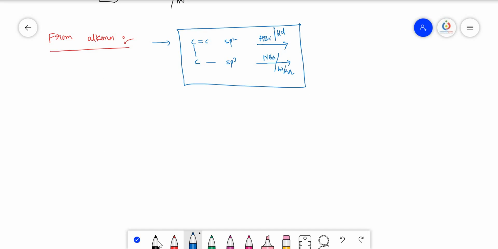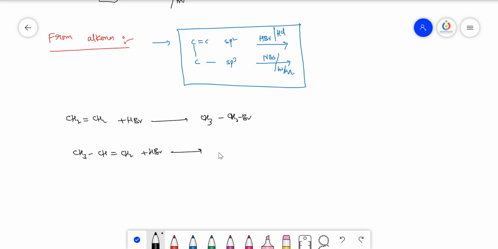So remaining are just examples of what we are going to cover over here. You take CH2 double bond CH2 plus HBr, it gives CH3CH2Br, and you take CH3CH double bond CH2 plus HBr, then you will get CH3CHBrCH3.